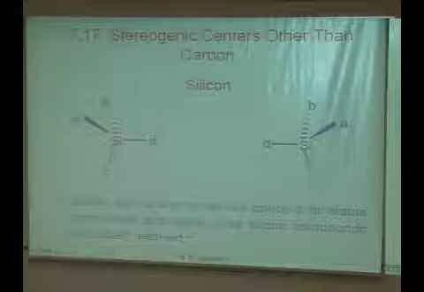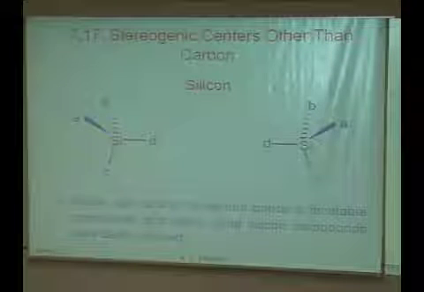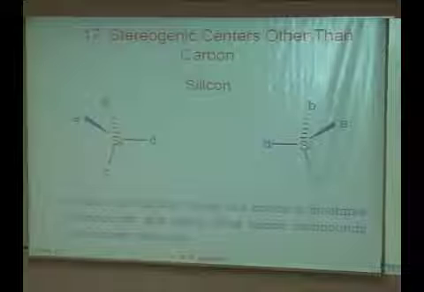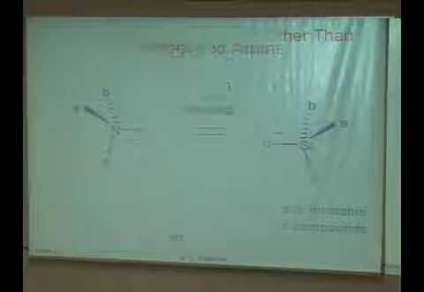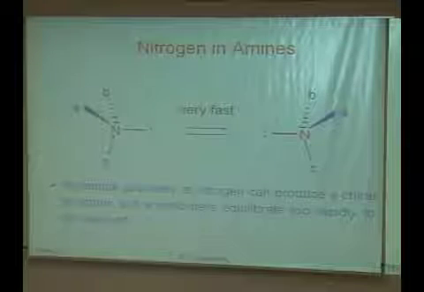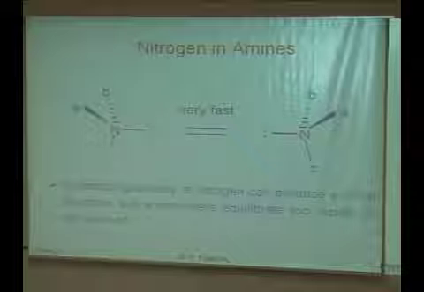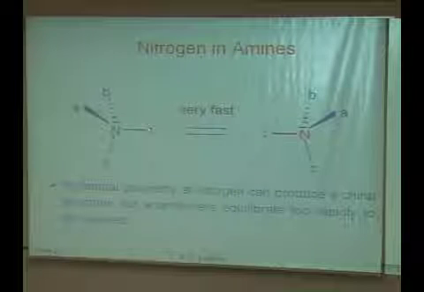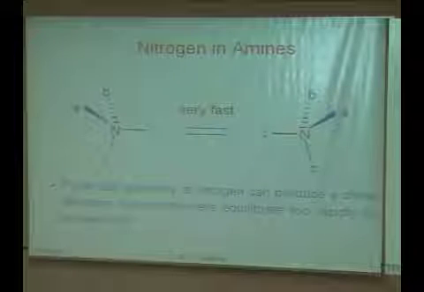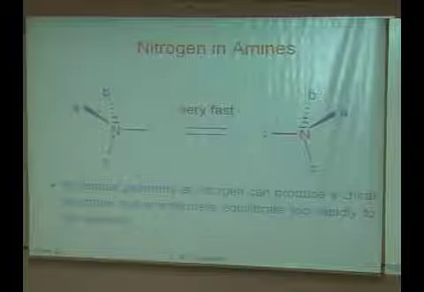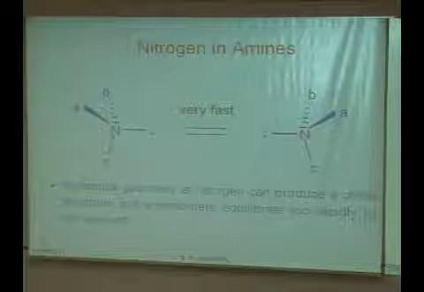And in the literature, many chiral compounds have been isolated involving silicon. What about nitrogen, nitrogen in amines? Well, in nitrogen, if you are putting 3 different groups here and you have a lone pair, theoretically you can have a chiral amine if you have 3 different groups.